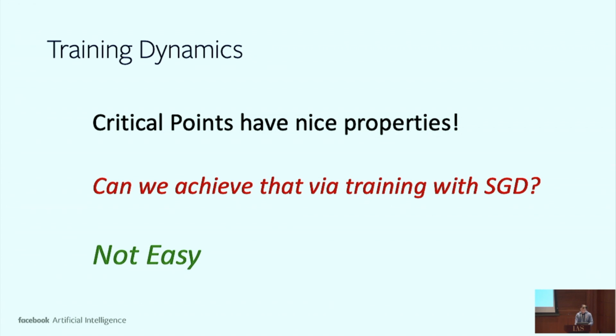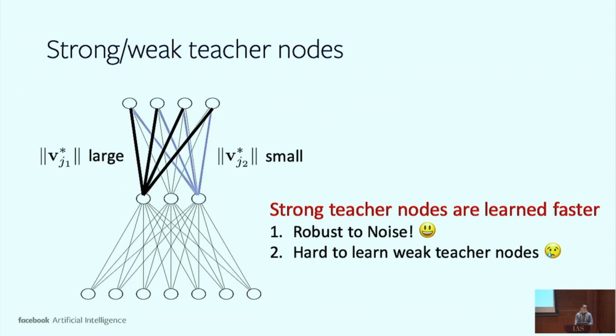We have done some experiments for that. First, I want to define what is a strong teacher and what is a weak teacher. In the 2-layer setting, a strong teacher is one whose fan-out weights are large, and for a weak teacher the fan-out weights are small.